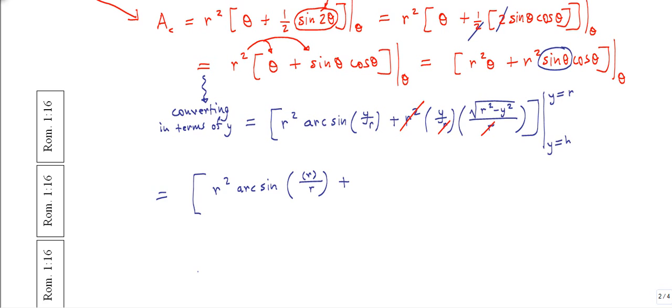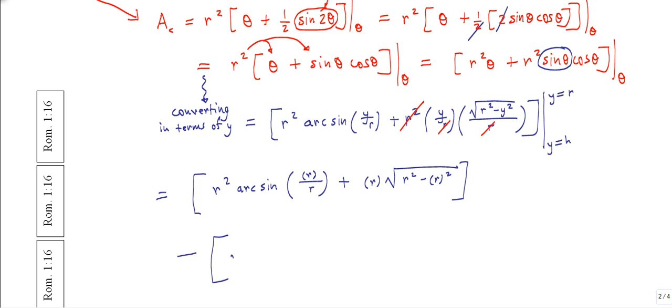We have two of them, they knock each other out, so I get y, which in the upper limit is r, so that's r times radical r squared minus r squared. This is the upper limit minus the lower limit.